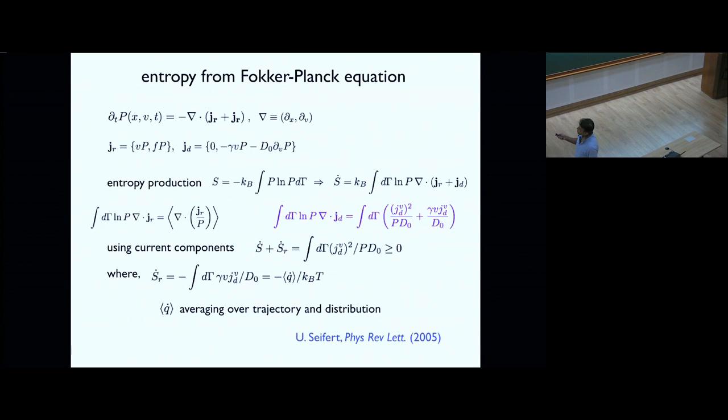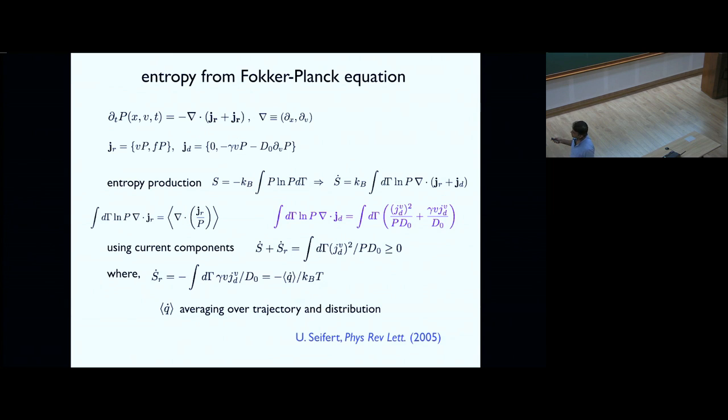So we write down the Fokker-Planck equation. I am writing it by dividing the total current into reversible and dissipative parts, J_R and J_D. This gradient operator stands for the positional and velocity differentials.